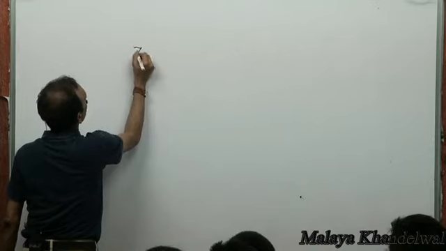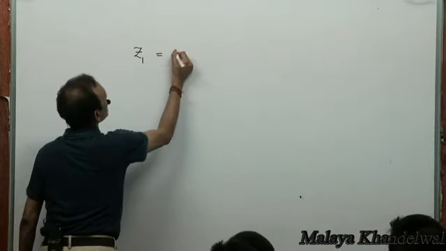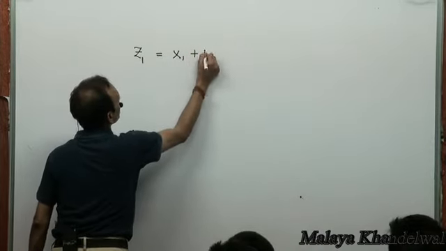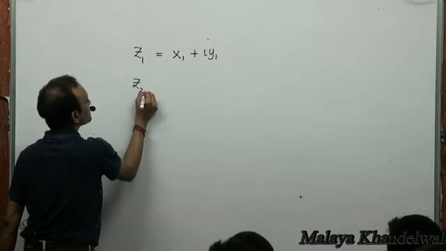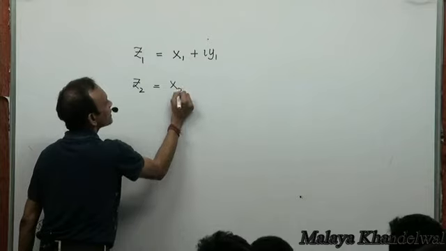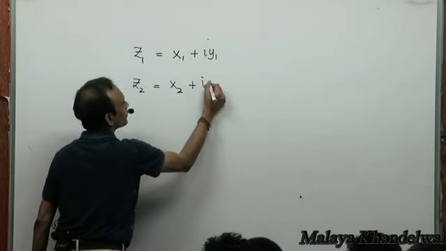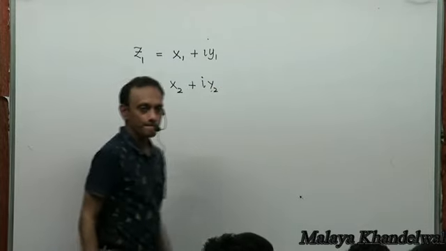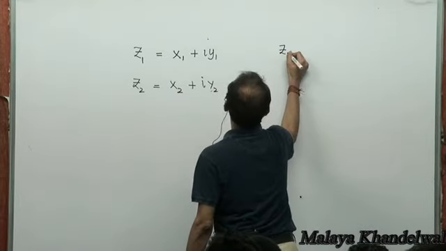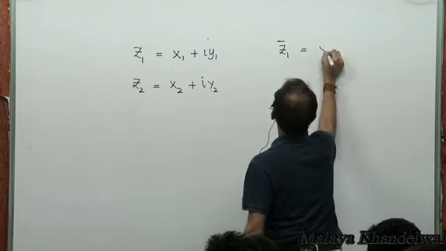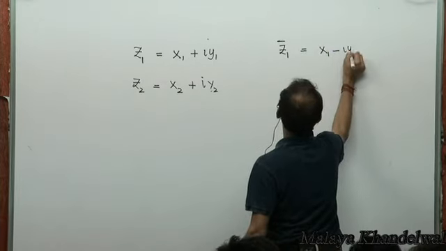Now suppose z1 is a complex number, x1 plus iy1, right? And z2 is another complex number, say x2 plus iy2, right? Now what is z1 bar? x1 minus iy1.